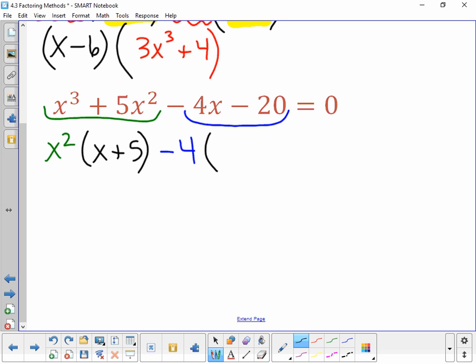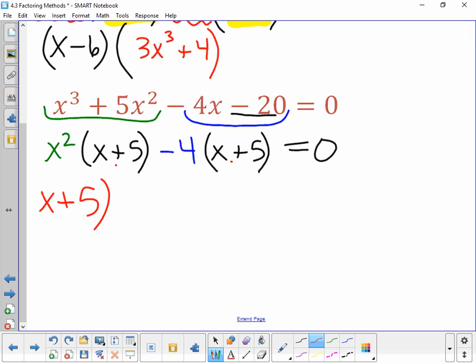And that leaves behind in that first position an x. And if I factor a negative 4 from a negative 20, that leaves a plus 5. Now I have a common factor of x plus 5 in both terms. I'm going to factor that all the way up to the front. And what that leaves behind is the x squared and the minus 4.